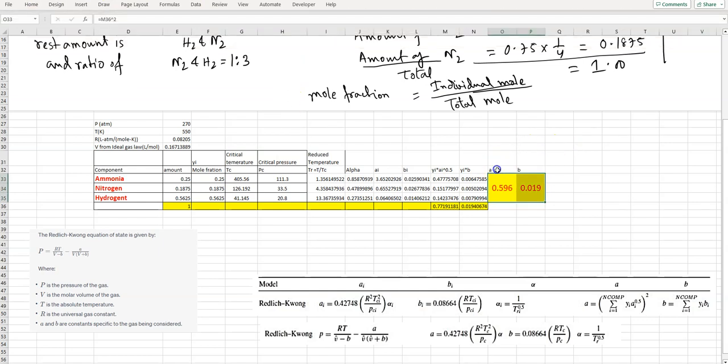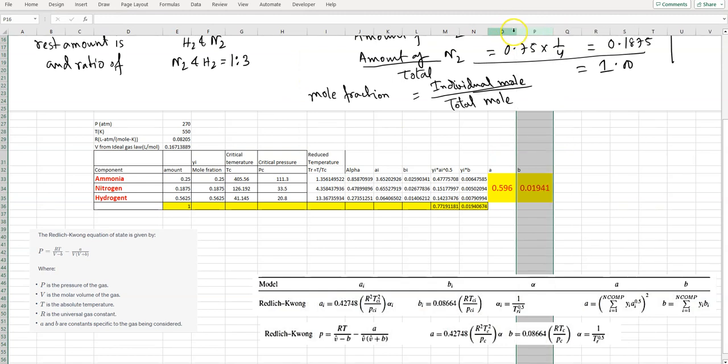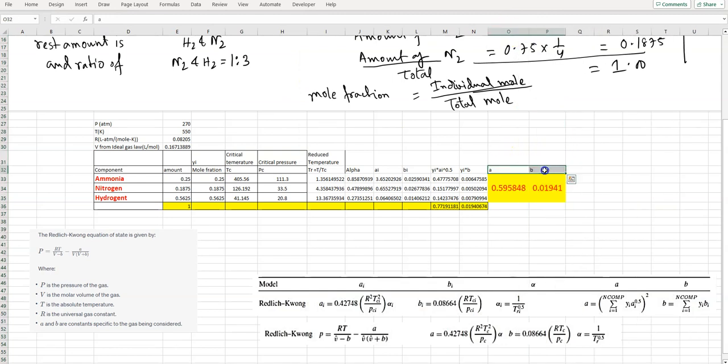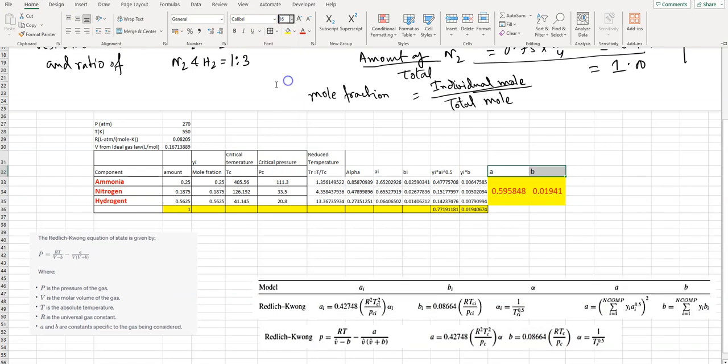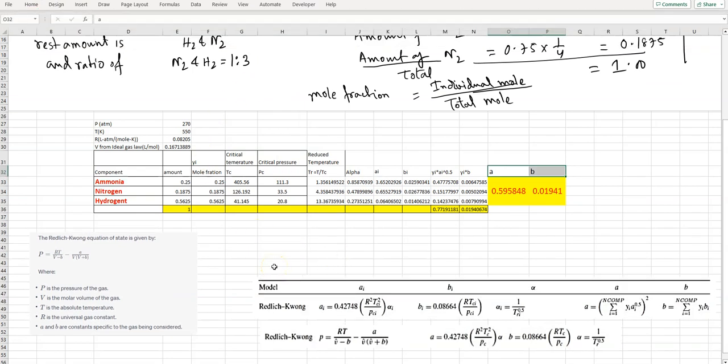That is our A and B. You can make it bigger. Okay, so now we got A and B.